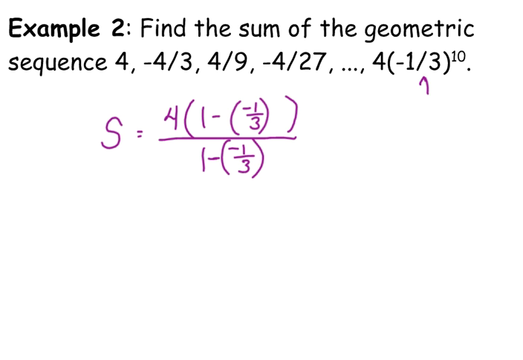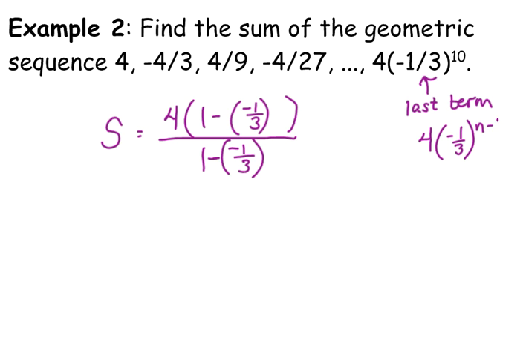Well, this is our last term right here. So let's think in terms of our equation from Wednesday to find any term of a geometric sequence. Our formula was what? The first term times the common ratio to what power?